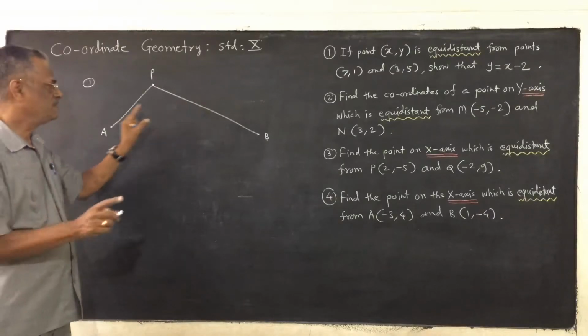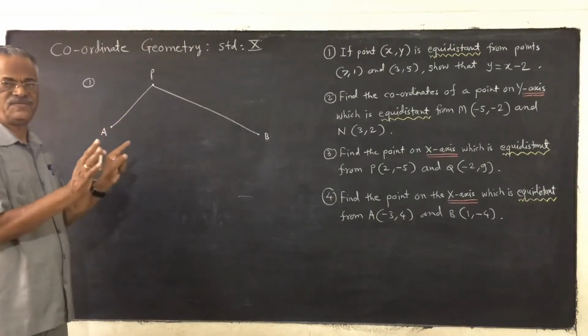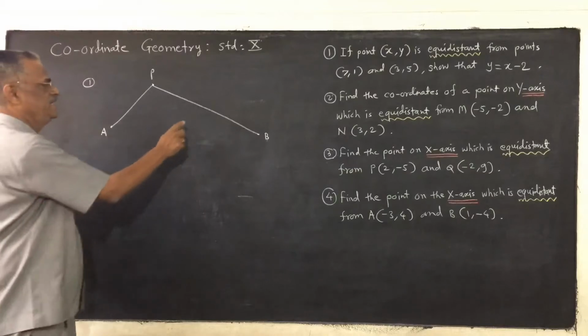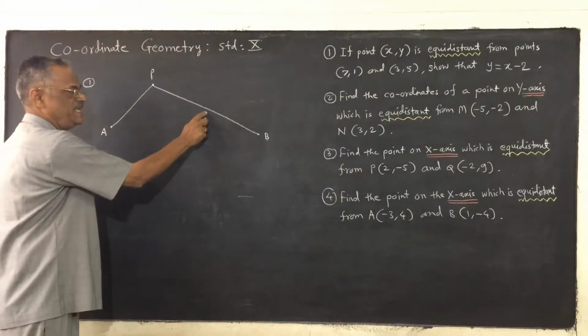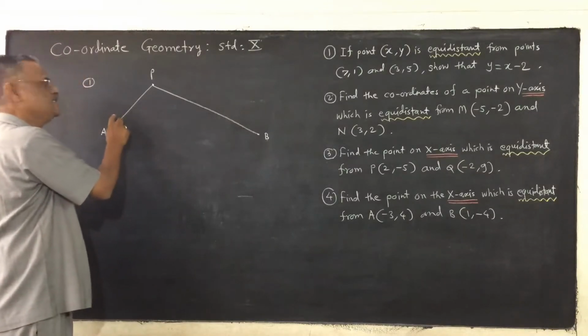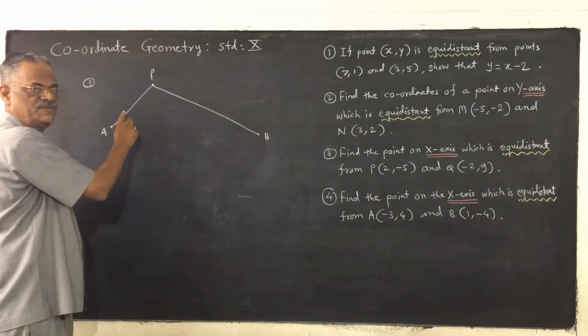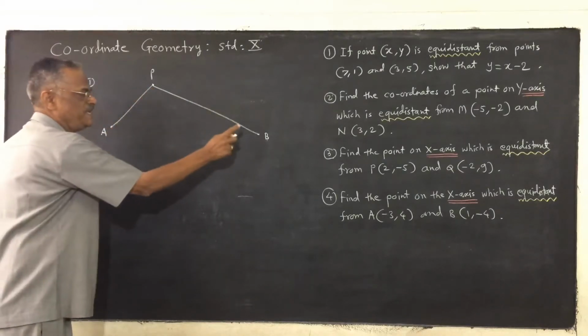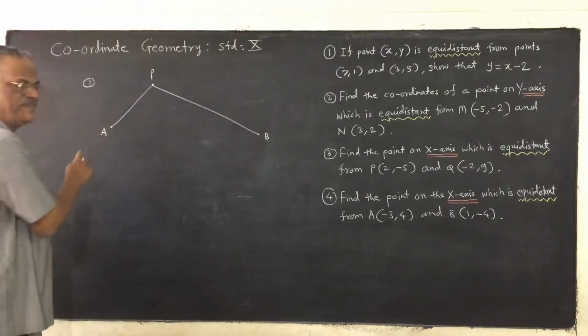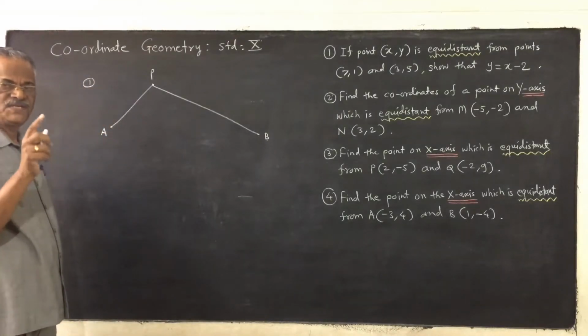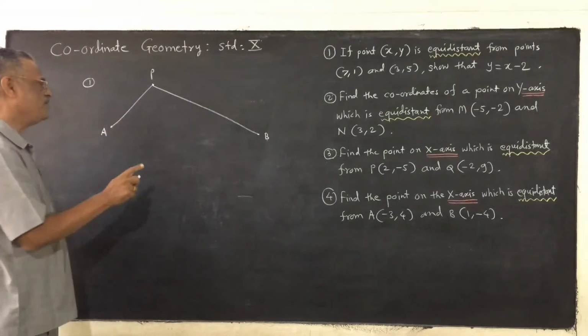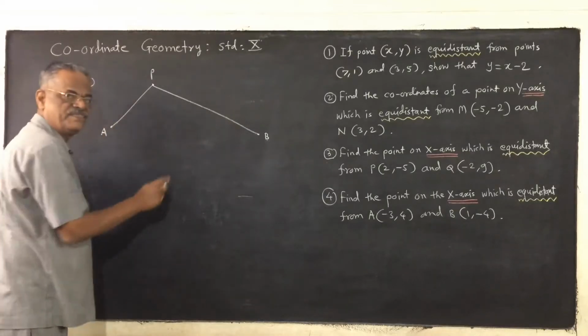Only by observation you can decide that distance PB is greater than distance PA. So P is not equidistant from A and B.